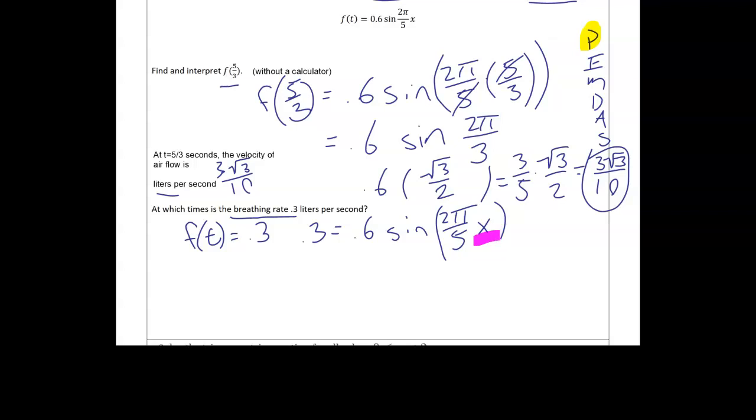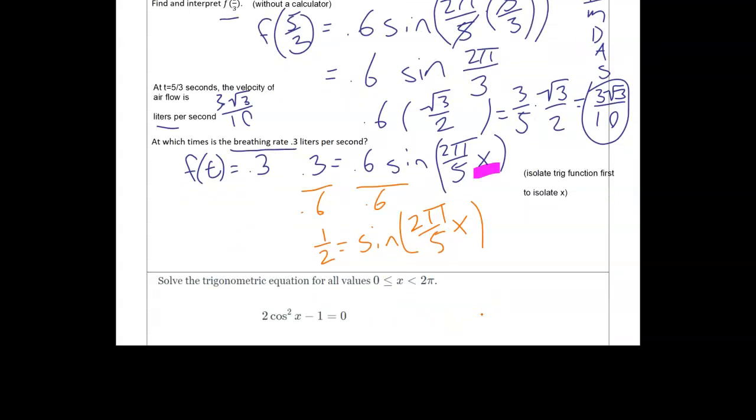Well, to do that first, I'm going to isolate my sine first. So what I can do is I can divide by 0.6 on both sides. So I get 1 over 2 equals sine of 2 pi over 5 x. So now I have this equation that I need to solve.